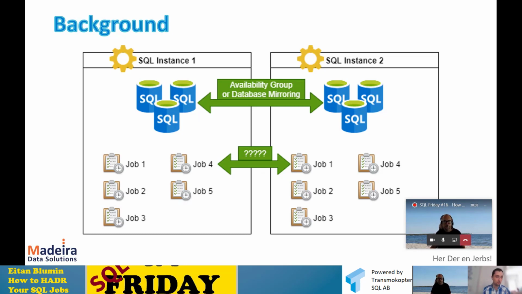So we have missing jobs, we have perhaps different jobs with differing settings, different steps maybe, different schedules maybe, but this is also a wider topic beyond jobs, because we also have other server level objects that are not synchronized automatically as part of a high availability solution, such as alerts, operators, maintenance plans, database mail settings, and so on and so forth.